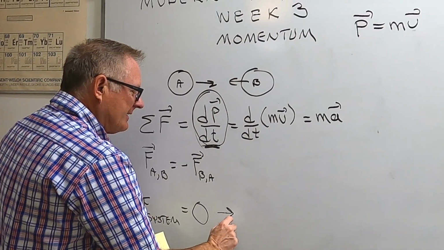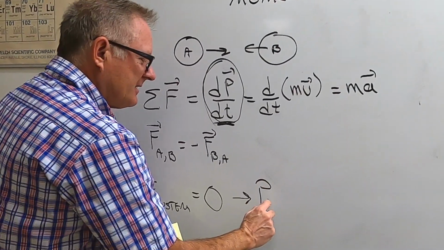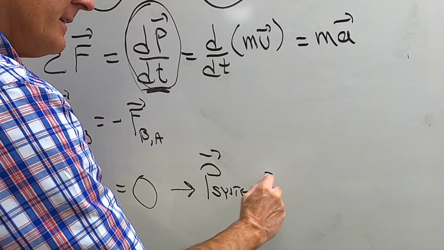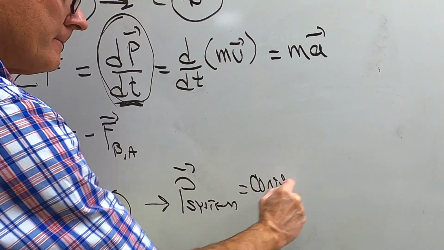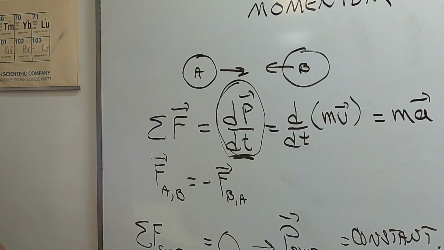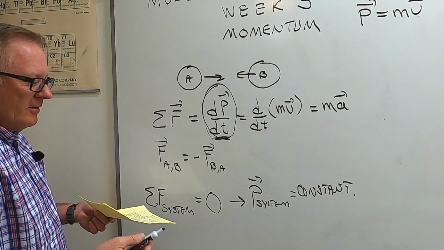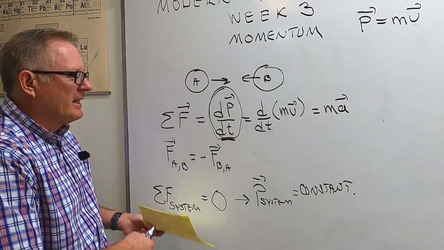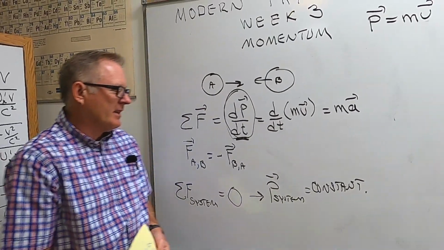So that implies that the momentum of a system is a constant. Which is nice, and that's what we used in classical mechanics, that all the mv's before the collision equals all the mv's after the collision.